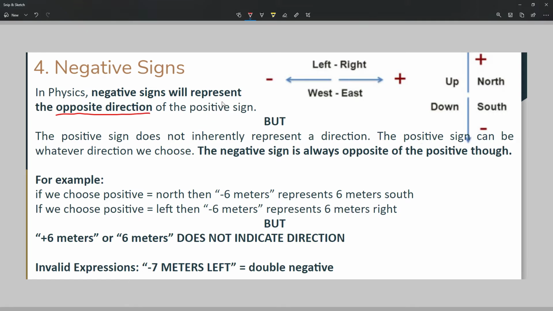Because we don't assume the positive direction to be anything. Unless we're told that the positive direction is east, north, or up, we can't assume anything. Which is why we say that the negative sign is the opposite direction of the positive. And this is the true definition of the negative sign.